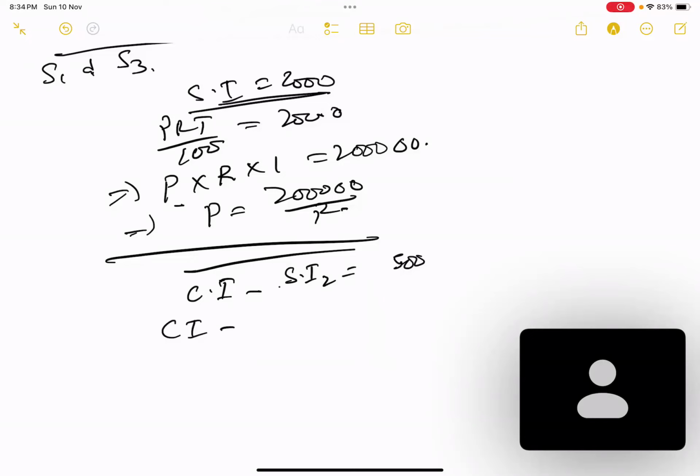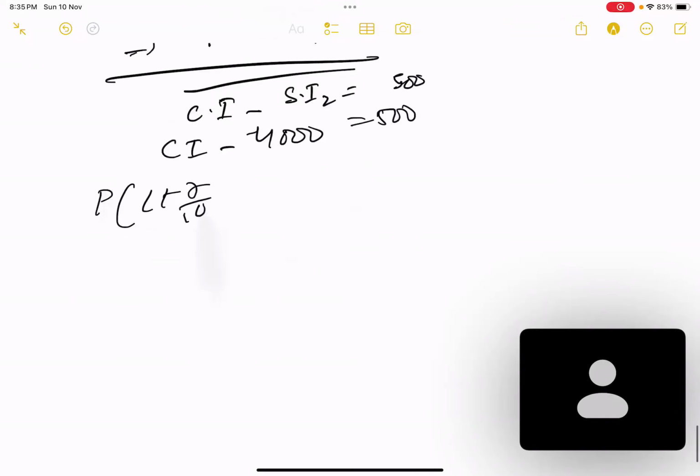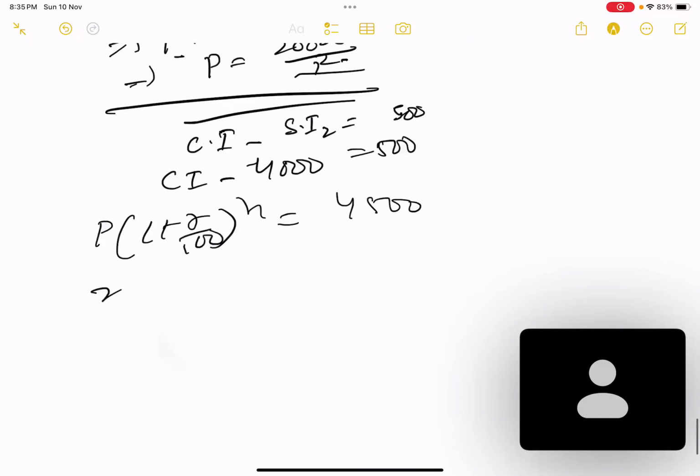Simple interest is 2000 for 1 year, so for 2 years it is 4000, so compound interest is 4500. The formula is P into 1 plus R by 100, whole to the power n, is equal to 4500. That is 2000000 by R, into 1 plus R by 100, whole to the power 2, since the number of years is 2, is equal to 4500.